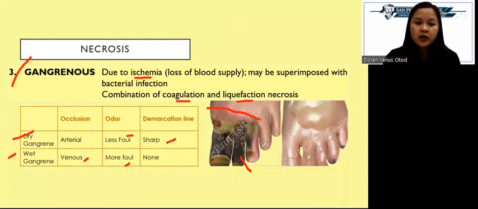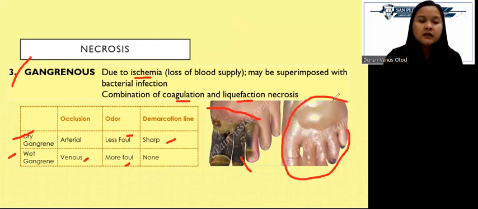Okay, there is no sharp demarcation line. As you can see in this picture, you cannot see up to what extent it is decaying. Okay? And there is stagnation of venous blood. That is why the odor is more foul and more offensive.